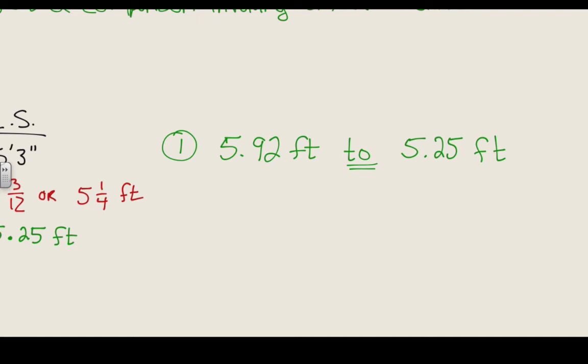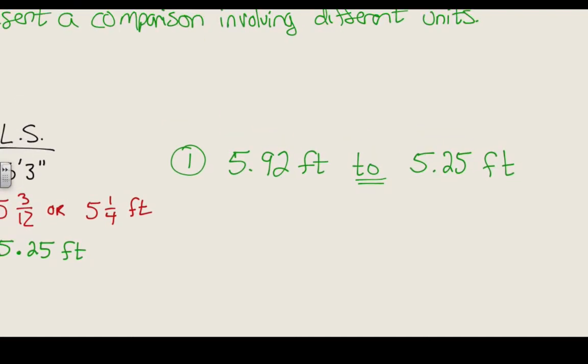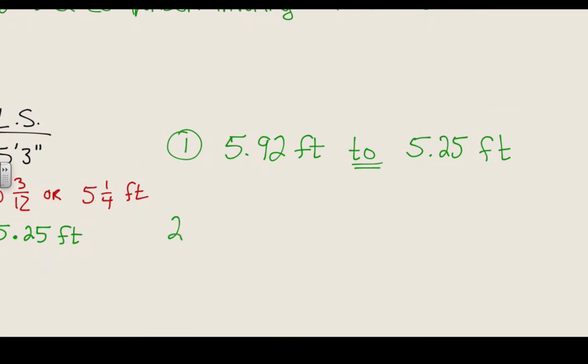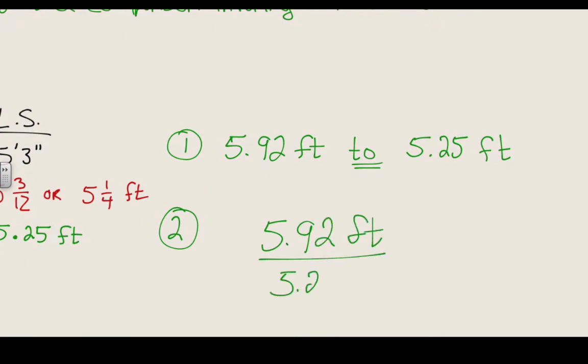The second way you can write a ratio is as a fraction. So let's say 5.92 feet over 5.25 feet. Okay, so we can write it as a fraction. Is this a rate?